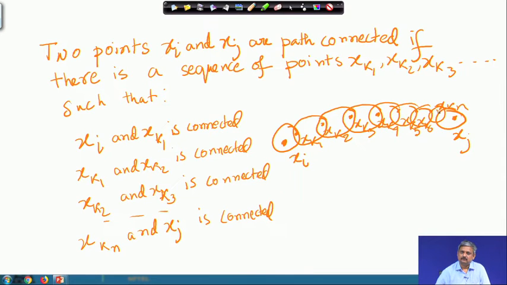That is the criteria. Connected means this is dense and this is within epsilon, this is dense, this is within epsilon.